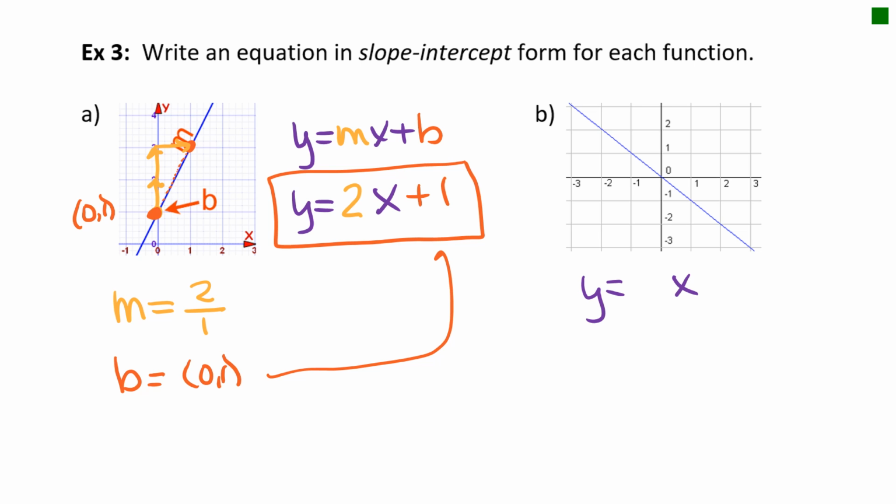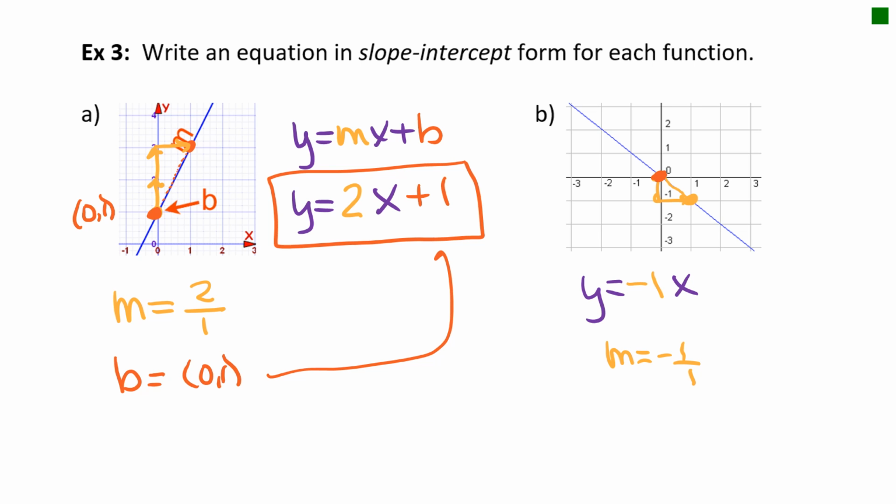So the next one, I'm going to start with y equals, and I'm going to put the x. My slope, here's a good point, right? Go down, just kind of follow along. Here's the next good point. So from left to right, I went down 1, that's negative 1. And then I went right 1, which is positive 1. So my slope is negative 1 over 1. I'm not going to put the whole negative 1 over 1 in there. I'm just going to put negative 1.